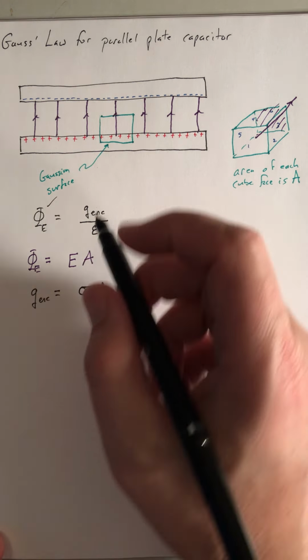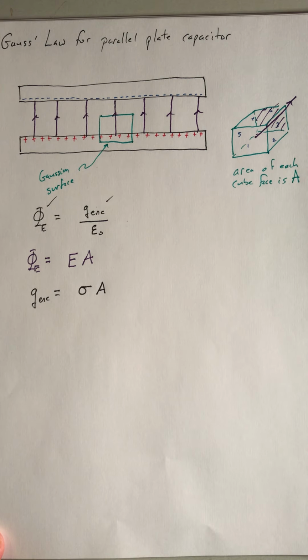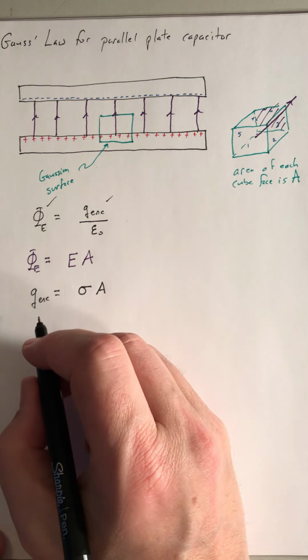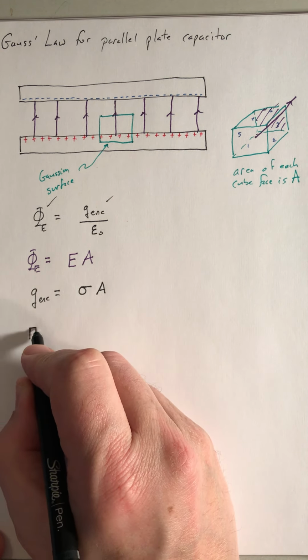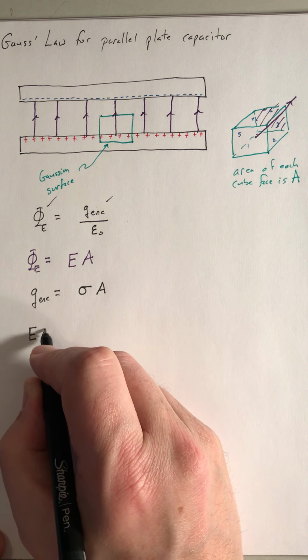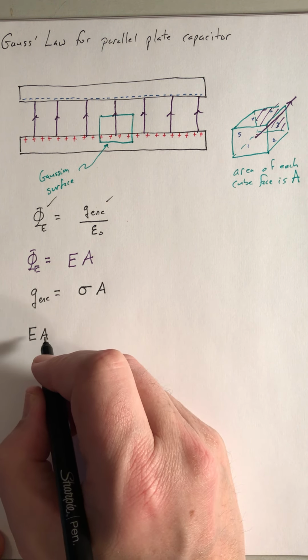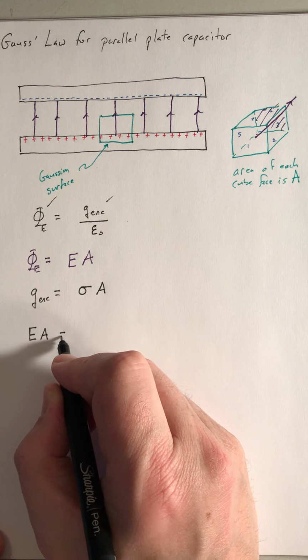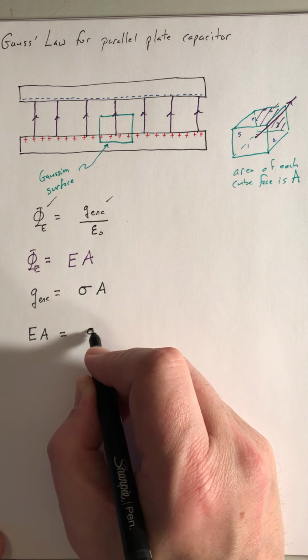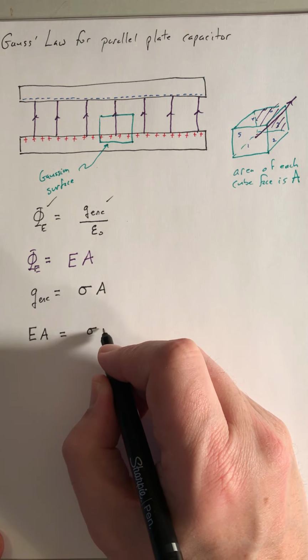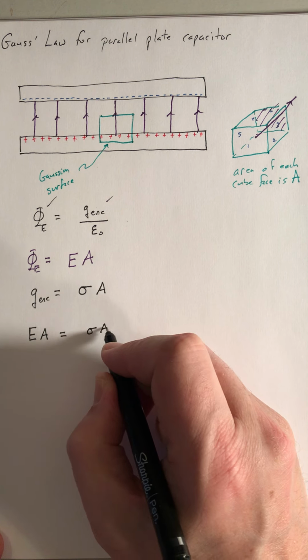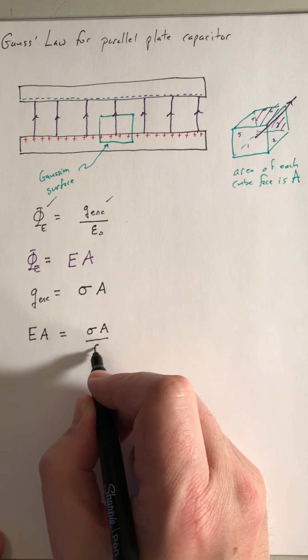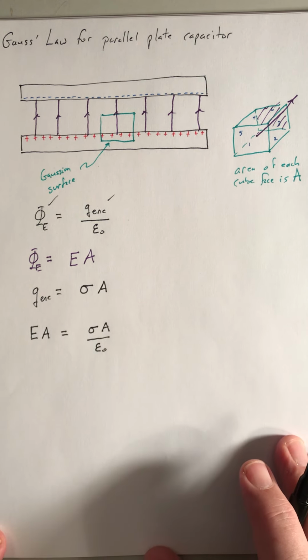Now we have both sides of Gauss's law set up, and we can fill those in. So E times the area of our cube is going to be the surface charge density of the capacitor, sigma, times the area over the permittivity of free space.